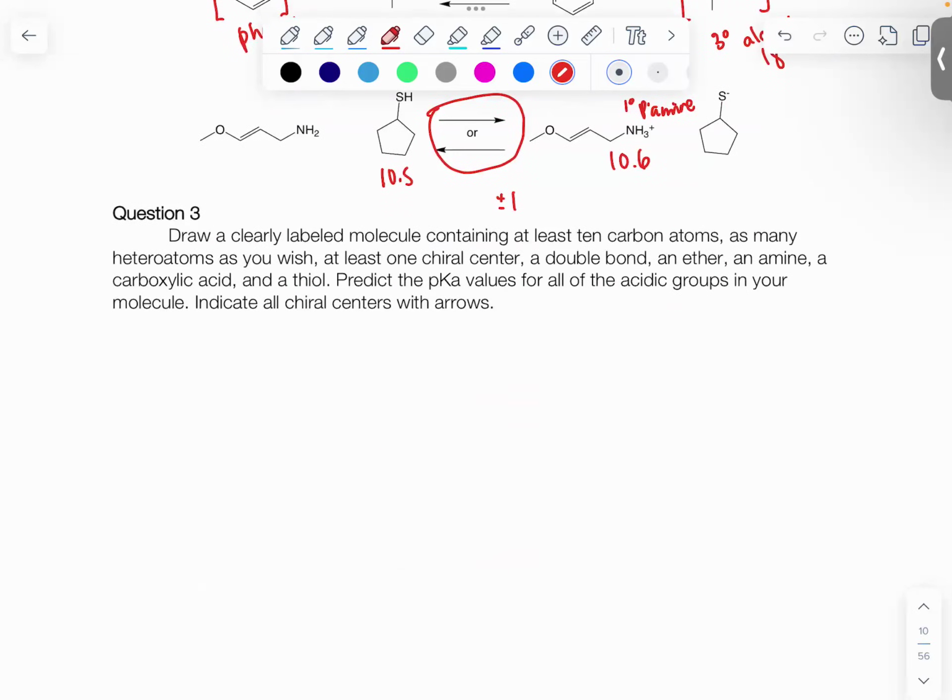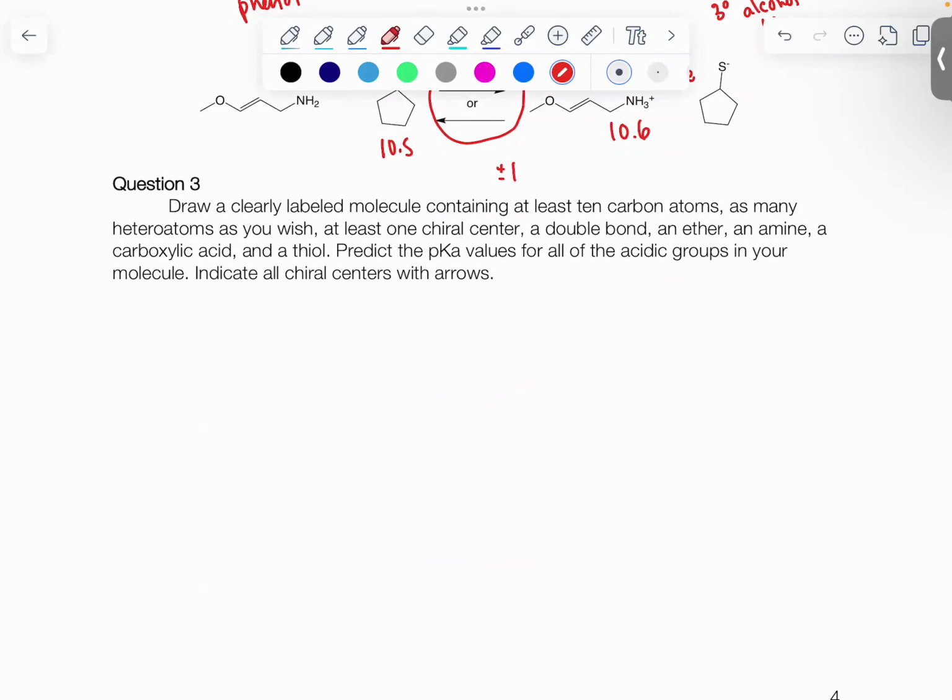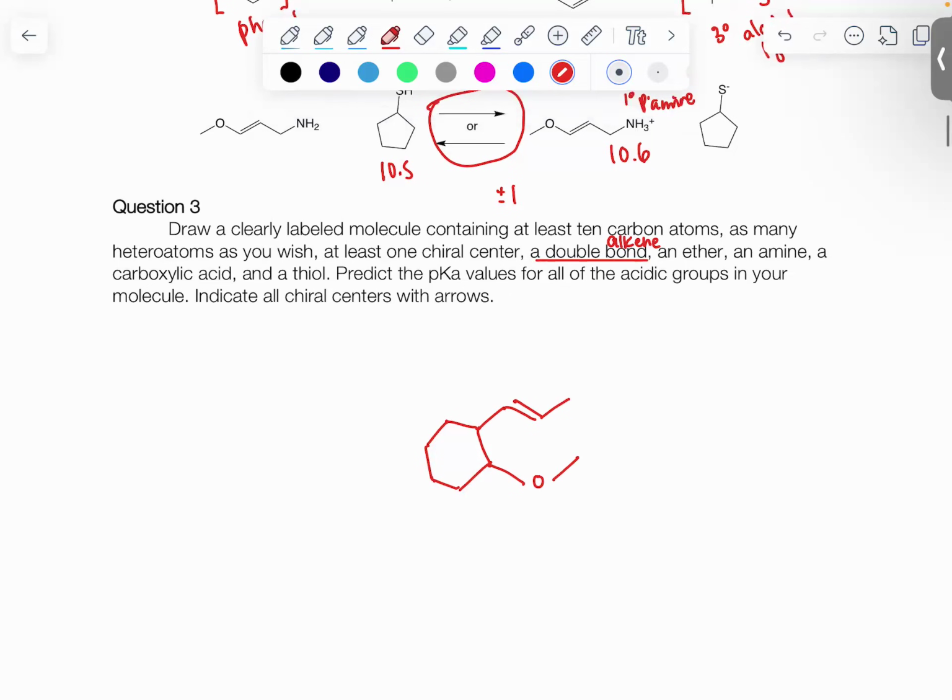Next, we can do one of these drawing a molecule questions. I usually like to start these off with a cyclohexane, not a benzene, but just a cyclohexane. And then each of these functional groups required, build them off of my cyclohexane. So a double bond, which is also called an alkene, I'll build off of this one. An ether, which we just talked about a few questions ago, is an oxygen in a carbon chain.